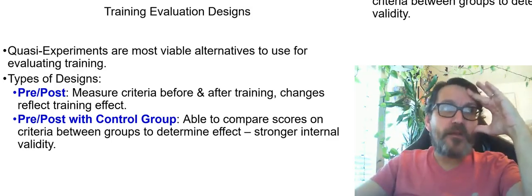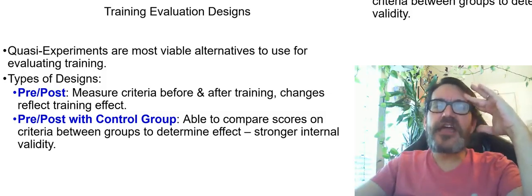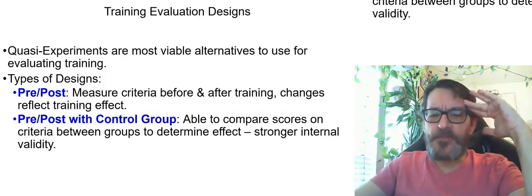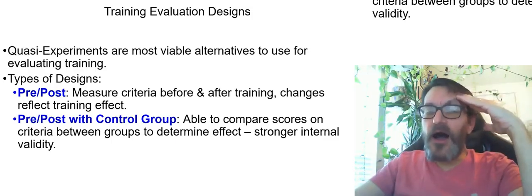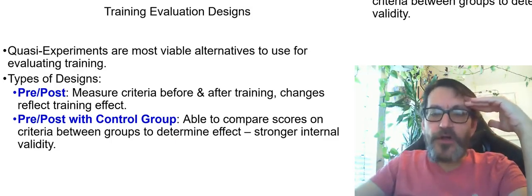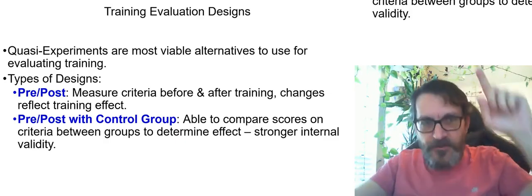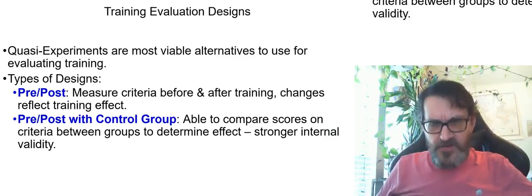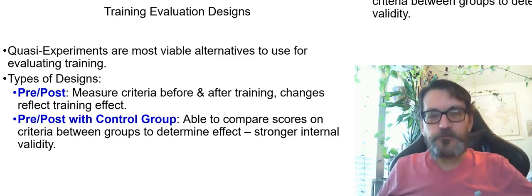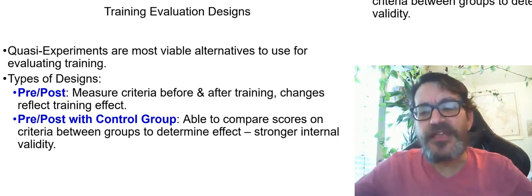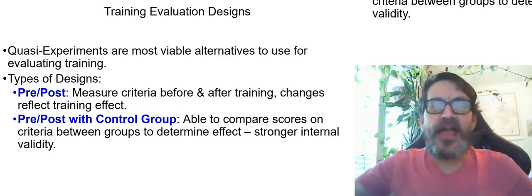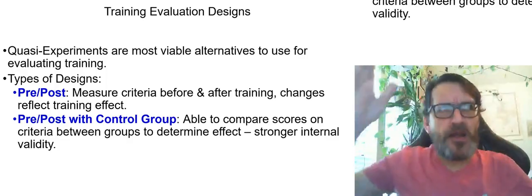But often what you're going to do is not just a pre-test, post-test design, but you're going to say, for example, in one division, we're going to do training. So we're going to do before and after and measure the difference. But then we'll go to a different division that did not receive training and measure them at time 1 and time 2.